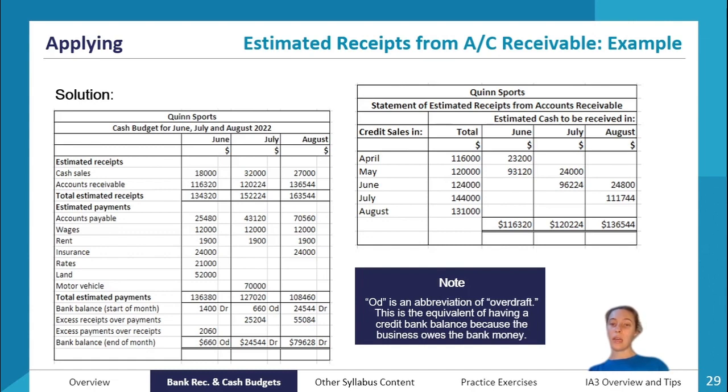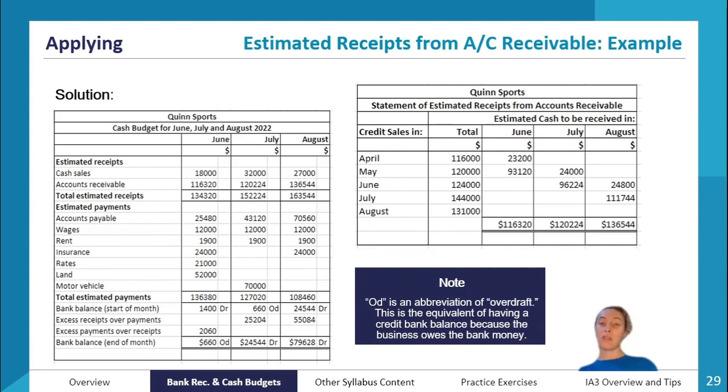And we can see we're just plugging in all of those figures that we figured out in those previous slides. We're putting them in here. So this accounts receivable one is purely based on the first slide of working that we had, the accounts receivable slide.